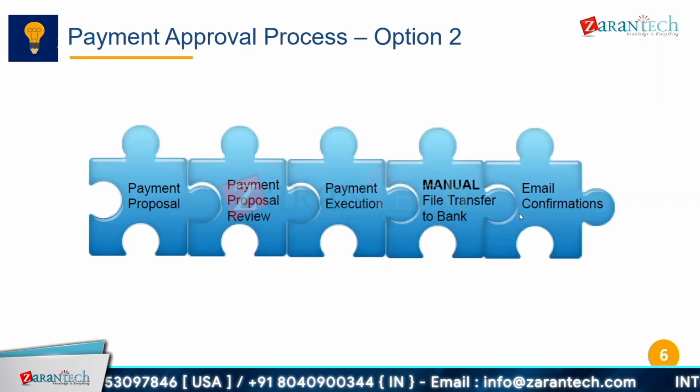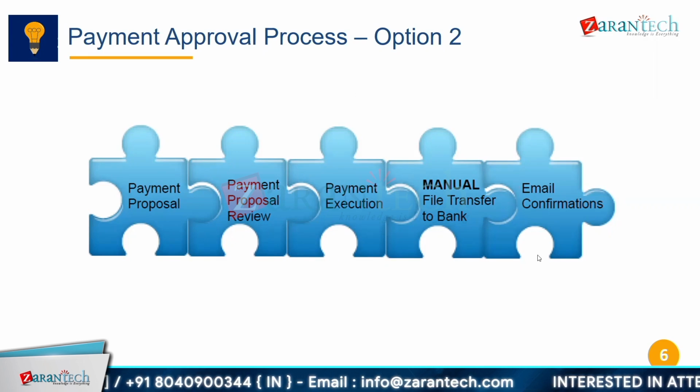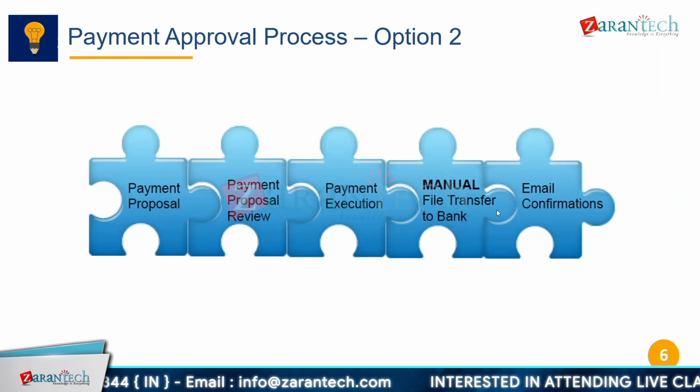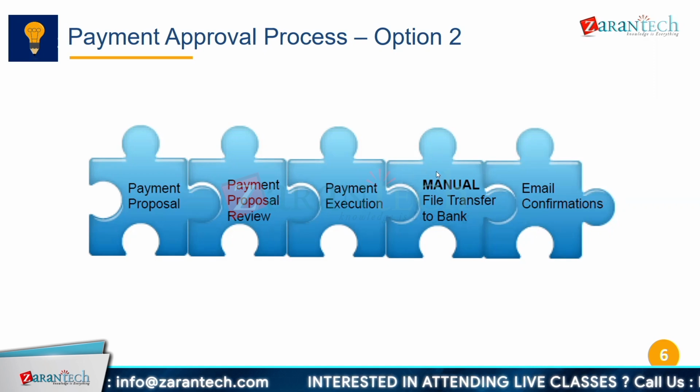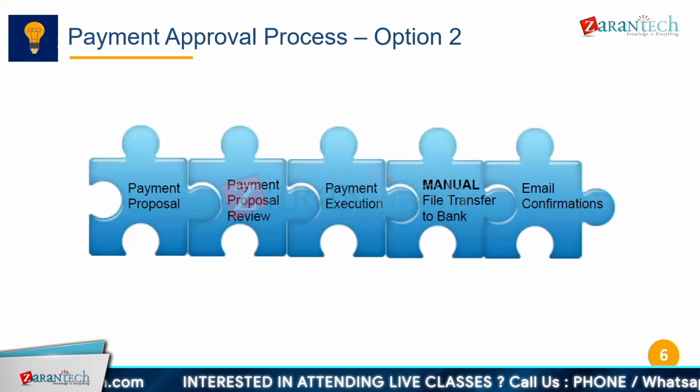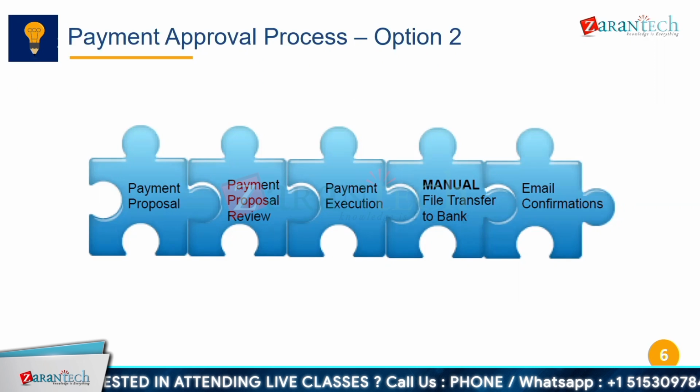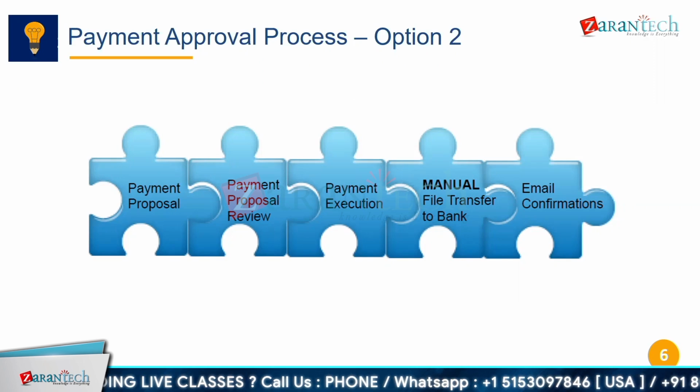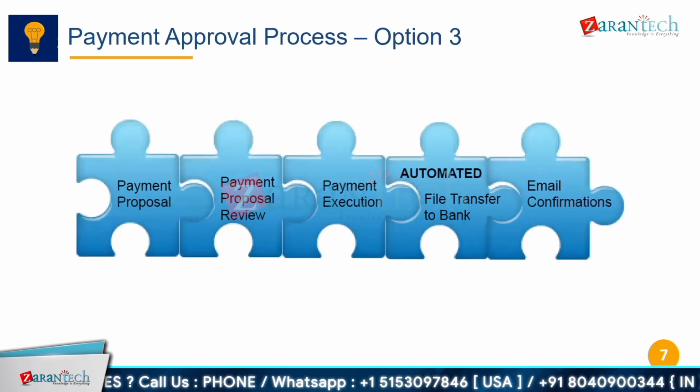After that, you can send the communication to the supplier through email. So this is the second way of payment approval. And I believe you both have worked on F110, so you must be aware of this, right?